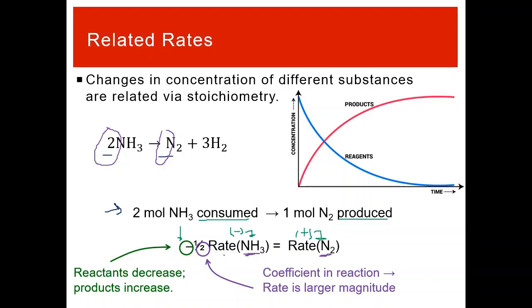That means the rate of NH3 will inherently be larger because the coefficient is larger in the reaction. And in order to normalize them, in order to make them equal, you divide by the coefficient. N2 has a coefficient of 1 in front of it, so you just divide by the 1, which doesn't show up. So the two things we want to account for when relating rates are the sign, based on which side of the reaction it's on, and then what the coefficient is to normalize it out.